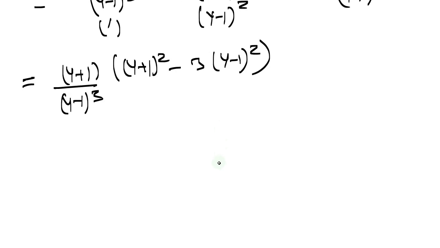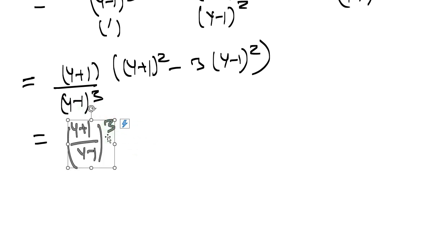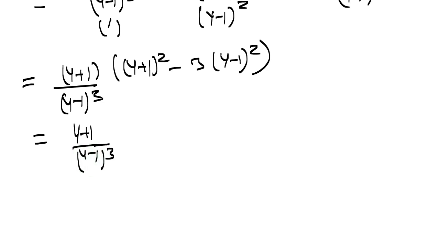So this one here will become y plus 1 over y minus 1 to the power of, sorry, this is not correct. So this is not correct here. So we have actually y plus 1 over y minus 1 to the power of 3, right?